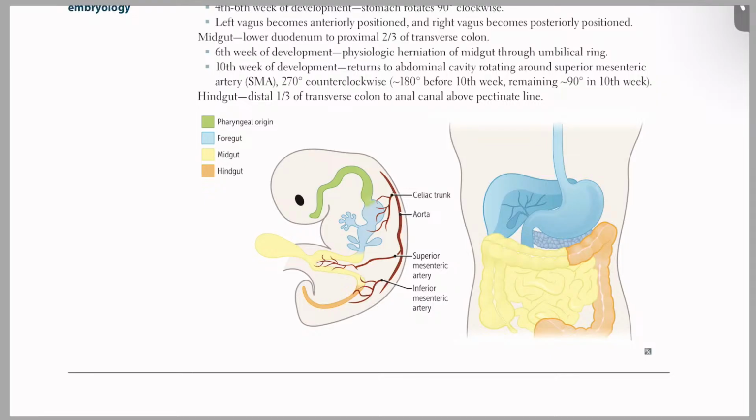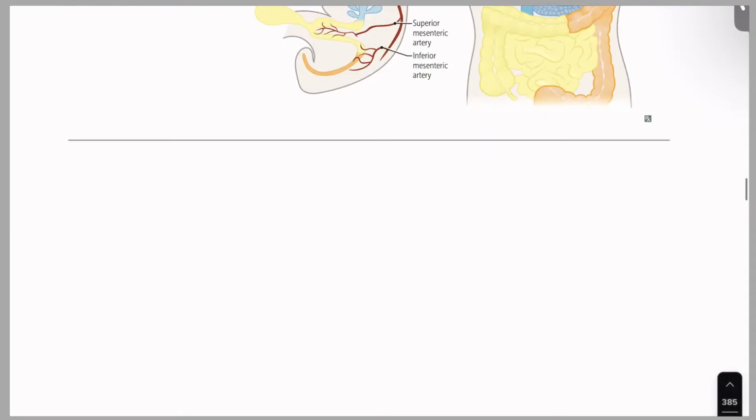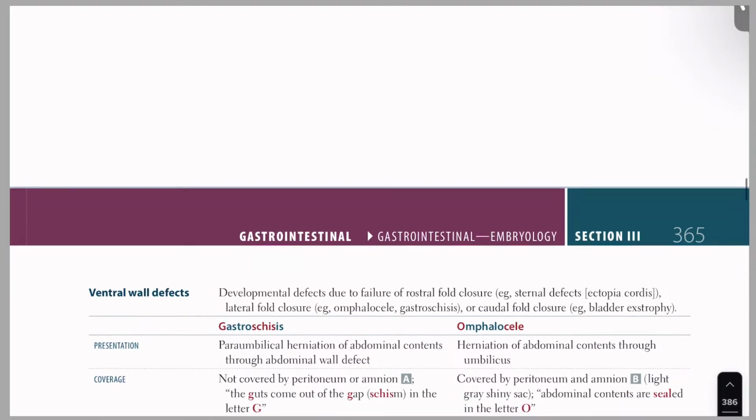Celiac trunk, superior mesenteric artery, inferior mesenteric artery. This is the foregut, this is the midgut, this is the hindgut.